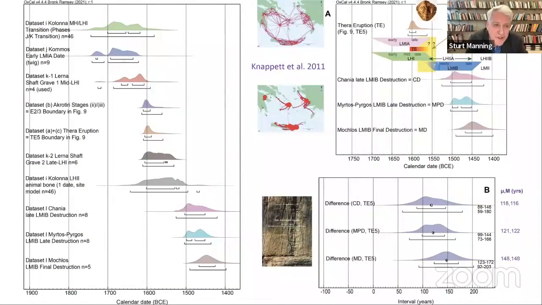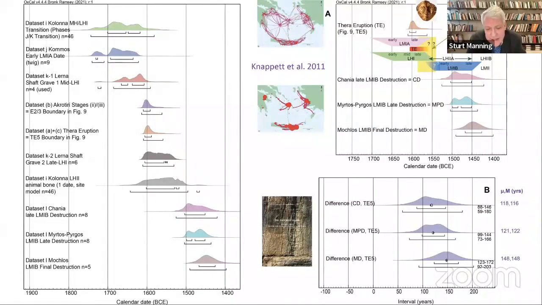So we look at the overall Aegean picture on the left-hand side, dates for various sites and phases, and we see the sequence leading up to the eruption. We then have Lerna Shaft Grave 2, which is late LH1, which could be contemporary with Thera, but actually stretches on. We have the evidence at present from Kolonna, from the article of 2010 from Wild et al., in which again we see it stretching on into the 16th century.